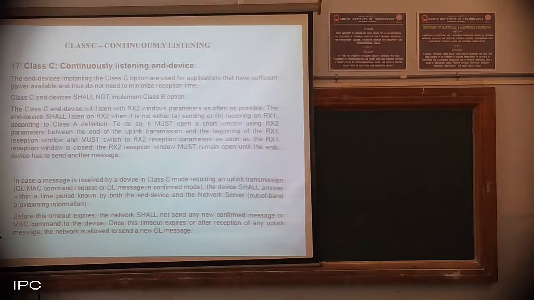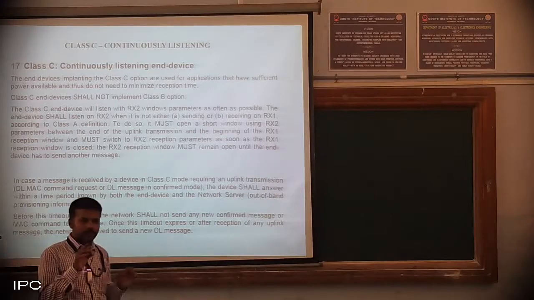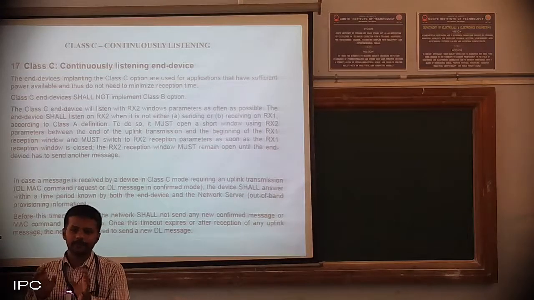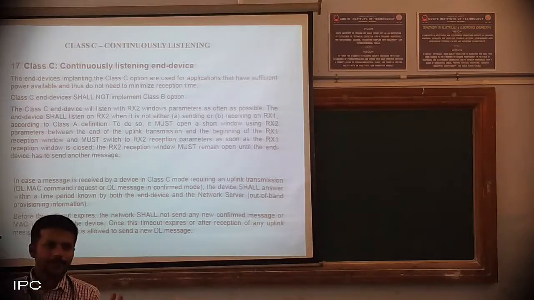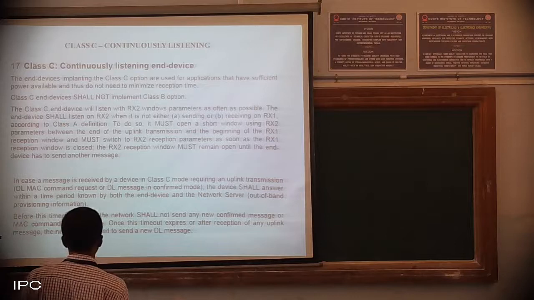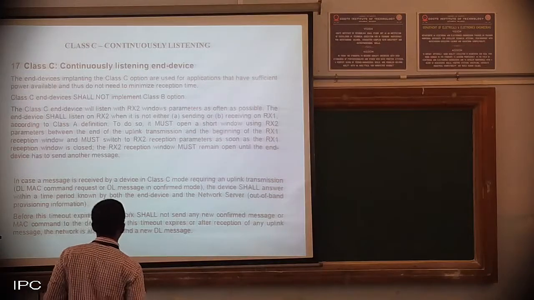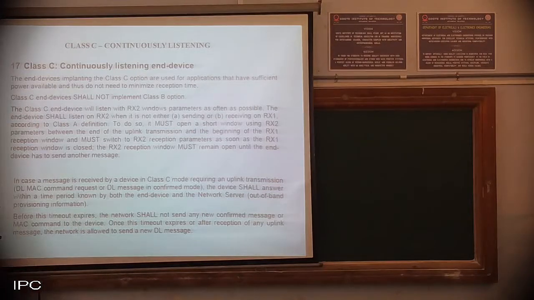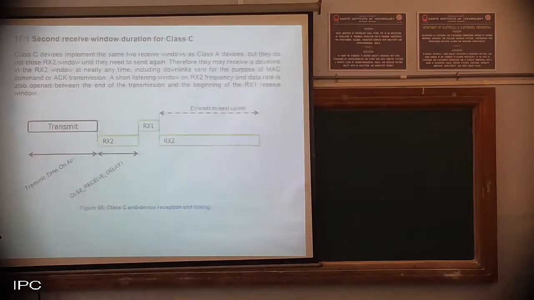Class C end devices will listen with the RX2 window. R means receiving, so RX is the receiving frequency 2. Then TX is the transmitting frequency. Here we are discussing only the RX. So the class C devices always listen only to the RX2 window.